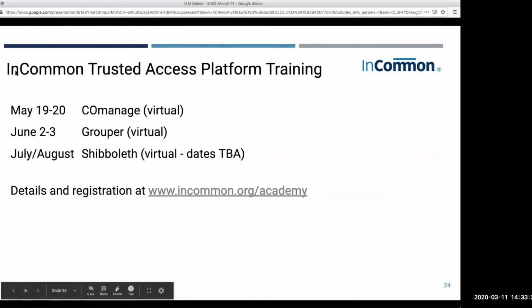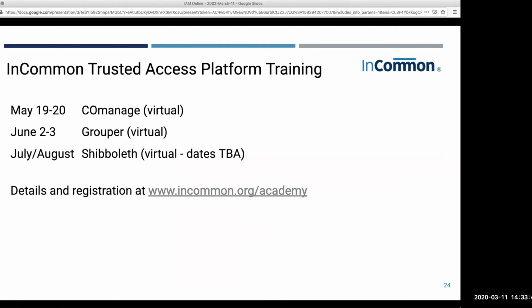So given our adventures with the COVID-19 and the measures we're taking to cope with that, the decision has been made to offer our training courses in a virtual mode, long distance video mode versus in person. And that's affecting our CoManage, our Grouper, and our Shibboleth training in the next round.